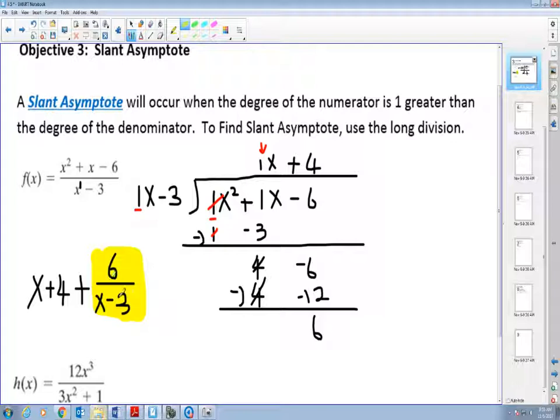A number divided by a super large number becomes 0. That's why, when we find a slant asymptote, all we need is the quotient on top. We don't need the remainder. So my answer is just x plus 4.